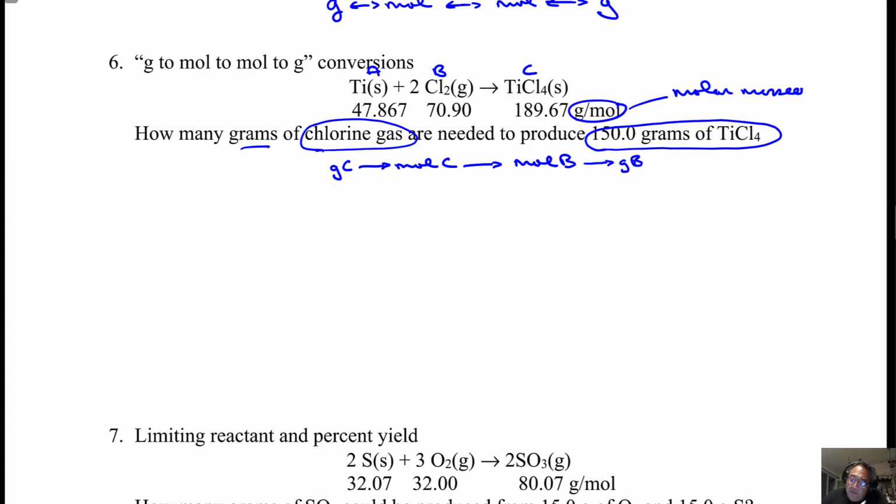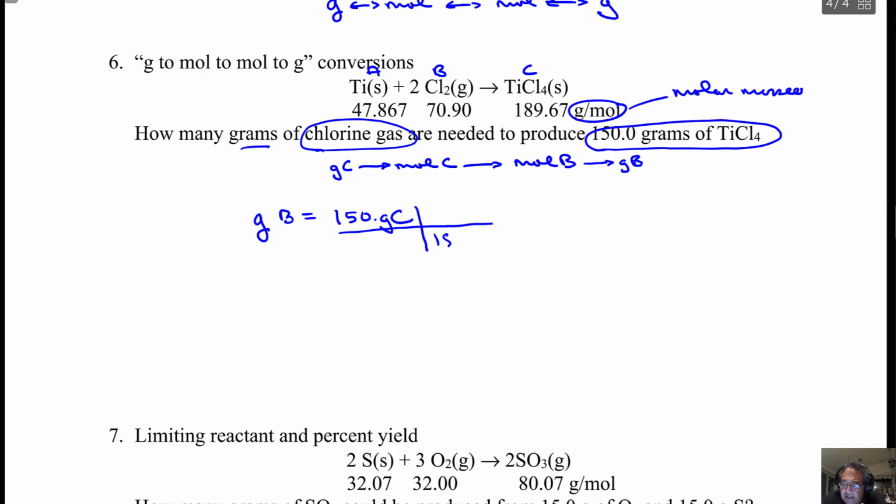So I'm going to say I want grams of B, right? And so I have 150 grams of C. Now, its molar mass is 189.67. So first step is to convert that into moles.